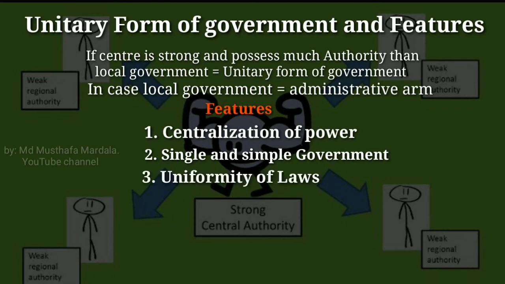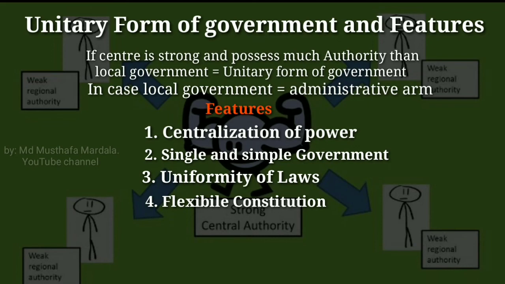Since there is only one legislature at the center, it will provide uniformity in terms of the law it enacts, which is not possible in a federal form of government due to the presence of different legislatures with their own power in different provinces. A federal government requires a rigid constitution so as to maintain the status quo between the central as well as state governments.